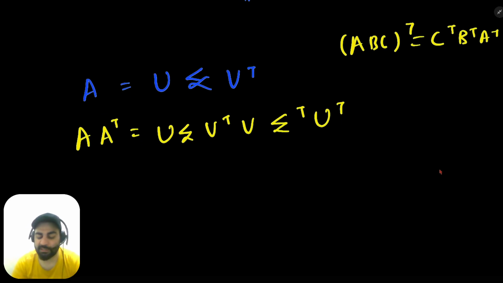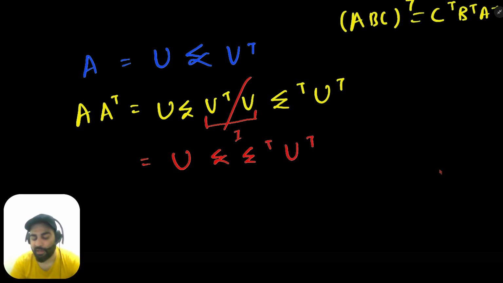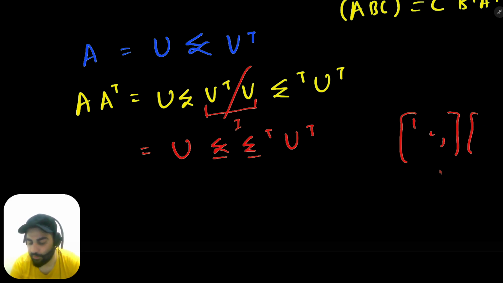But you know that the vectors in these matrices are orthogonal, so this V transpose V becomes I. So this is equal to U sigma transpose U transpose. Now you know that these are diagonal matrices, for example with entries 1, 2, 3, and diagonal matrices are symmetric, so this is just the square.